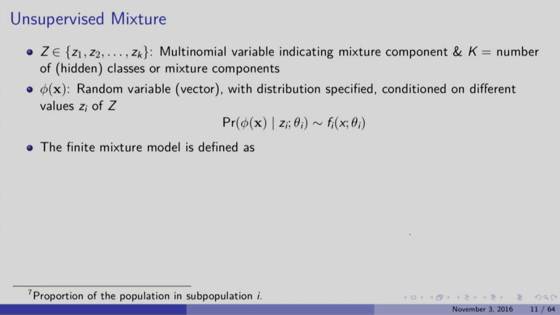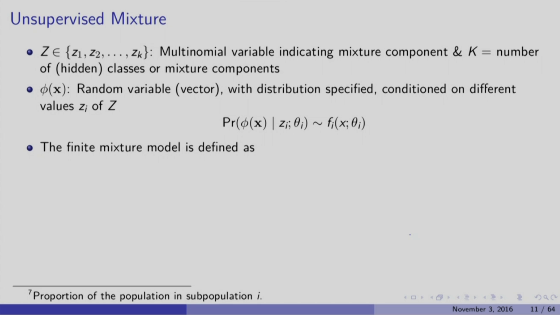So in general, one could have an unsupervised mixture. You have a multinomial variable z which indicates a mixture component that a point belongs to, and by all means a point can belong to all the mixture components but to different degrees.